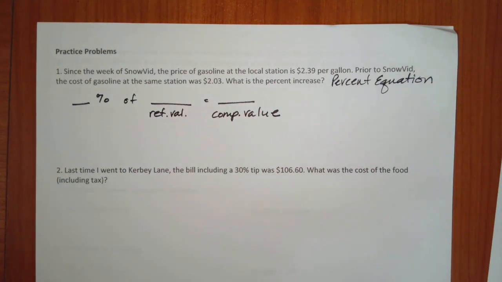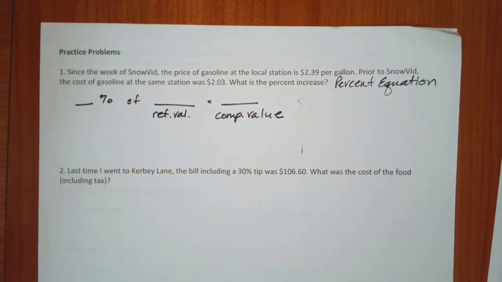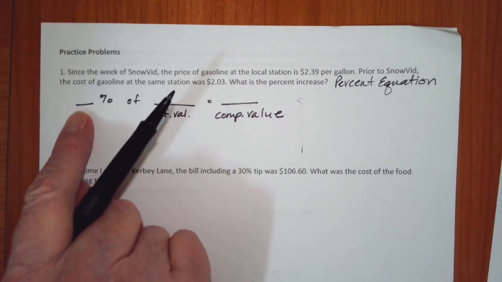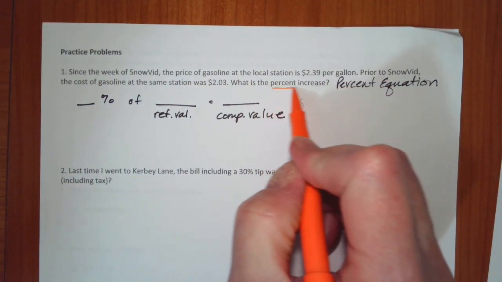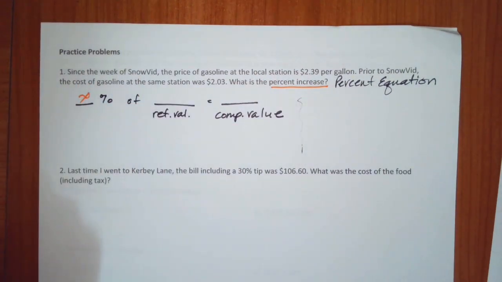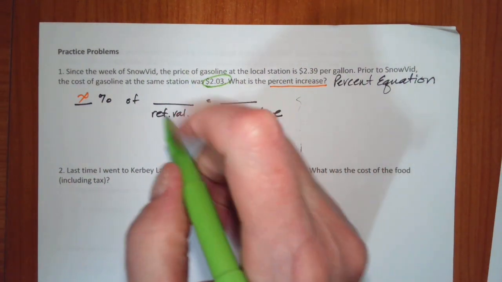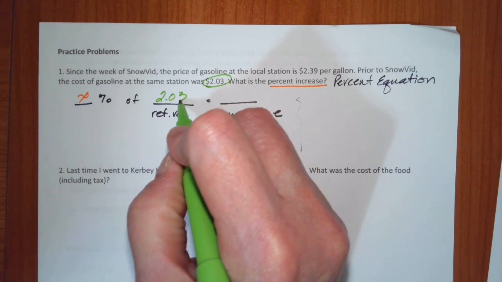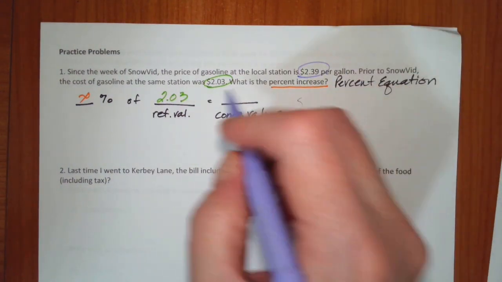Okay, now I'm going to show you two ways of doing this. The percent increase is what we want to know. The reference value is where we started, so our reference value is going to be 2.03, and that is equal to our compared value, which is 2.39.